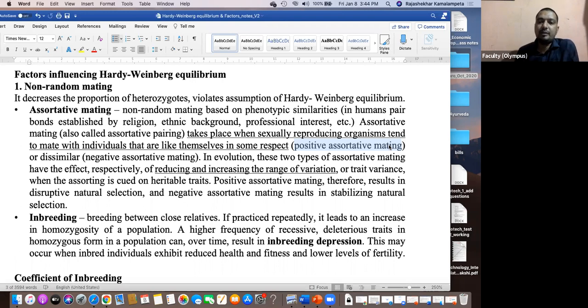So genetic equilibrium will not be as expected by Hardy-Weinberg because random mating is not happening. You are creating that bias through selection. So this would impact the variation. It would either reduce or increase the variation of the population, depending on what exactly is happening. So non-random mating, specifically assortative mating, has this effect on the genetic equilibrium.